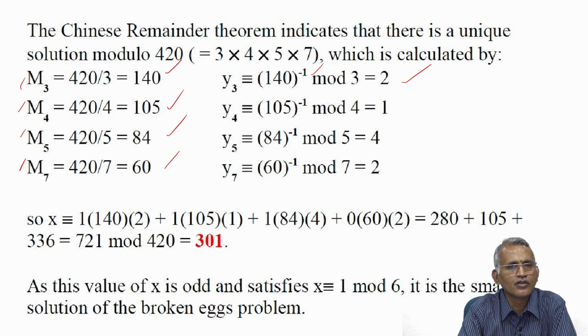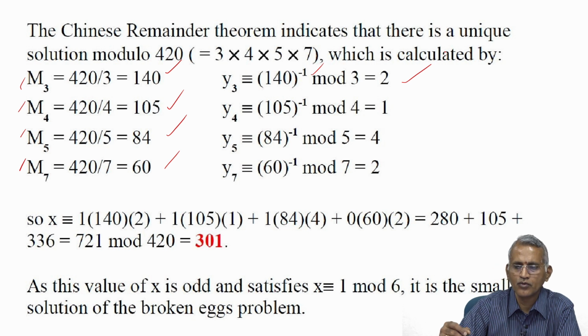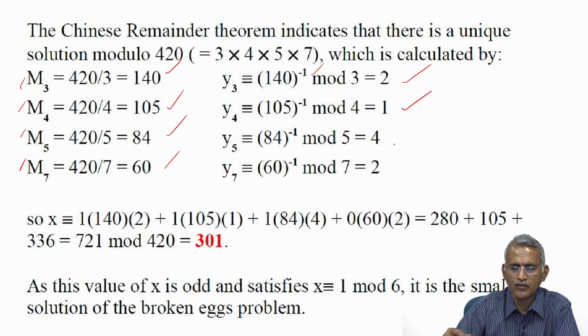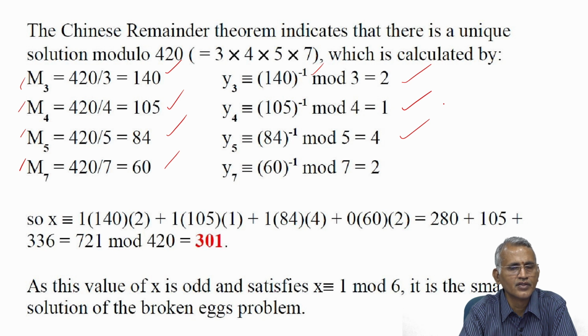Similarly, you have to calculate 105 inverse under modulo 4 equal to 1, and then 84 inverse under modulo 5 is 4, and then 60 inverse of modulo 7 is 2.